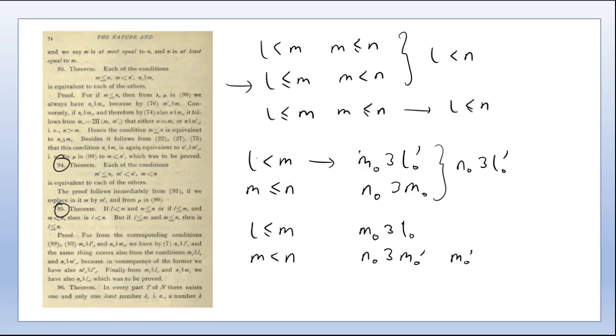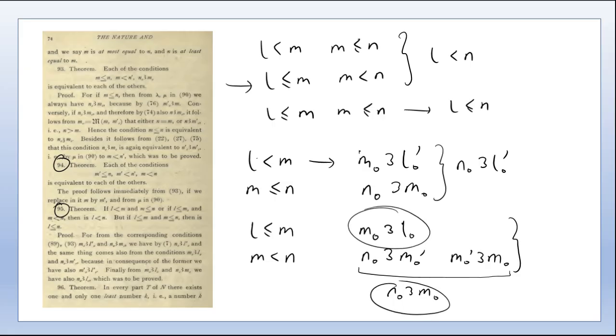But we know that M naught primed is a part of M naught. So therefore, again, using kind of transitivity, this would tell us that N naught is a part of M naught. And then using transitivity with this and this, we'd get that N naught. Is that right?